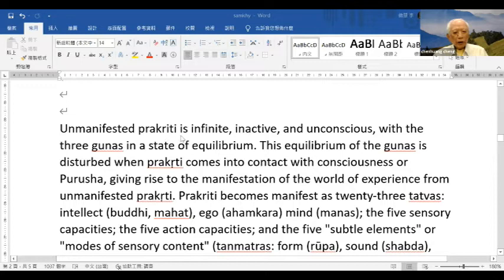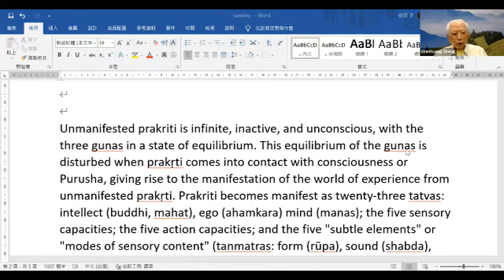Unmanifested Prakriti is infinite, boundless, inactive, and unconscious, with the 3 gunas in a state of equilibrium. Equilibrium means balance, in a state of balance. If these 3 gunas are in a state of equilibrium, then no process of evolution happens.